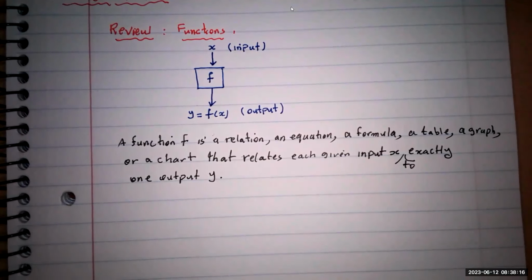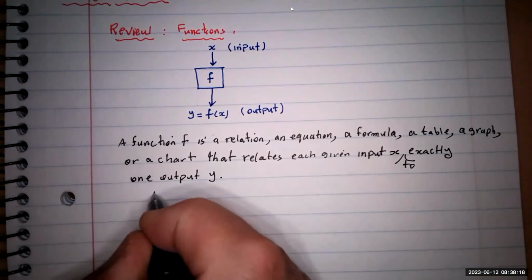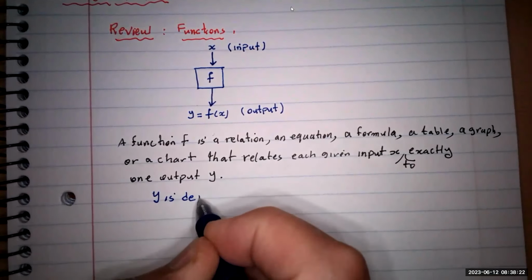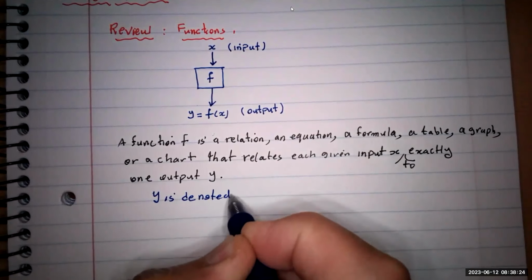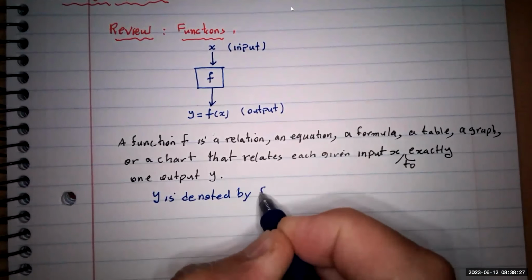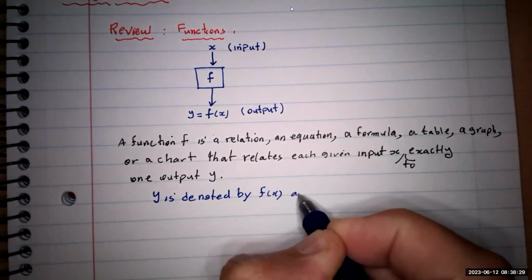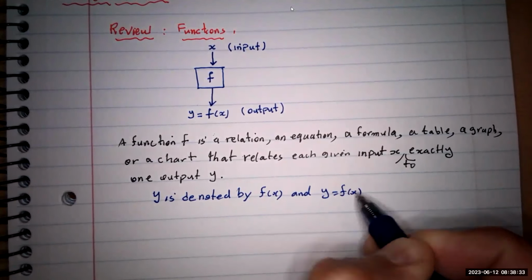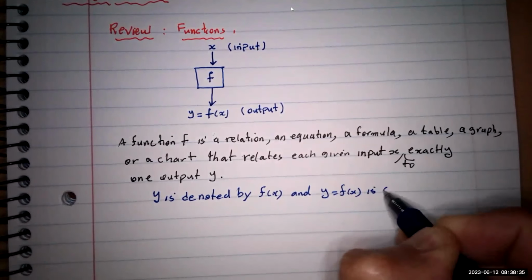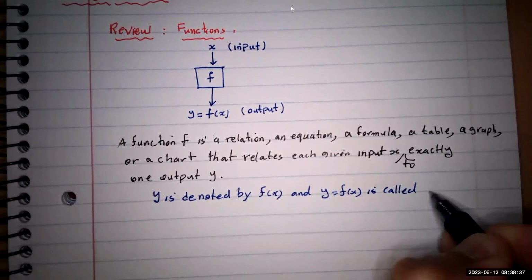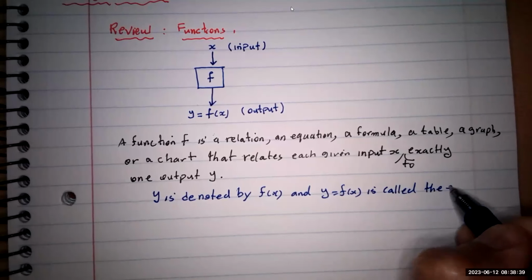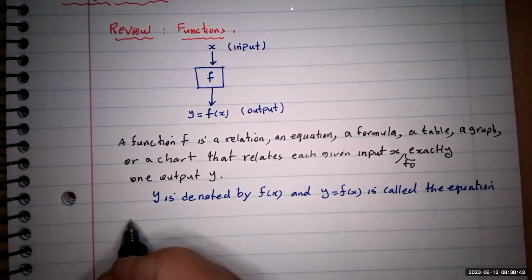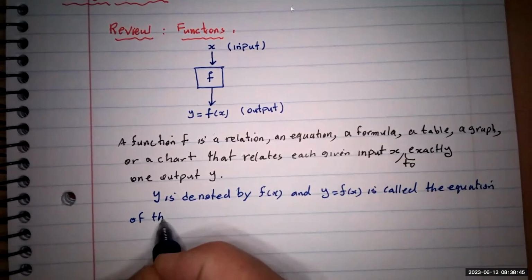This y is denoted by f of x, and y equal to f of x is going to be called the equation of the function.